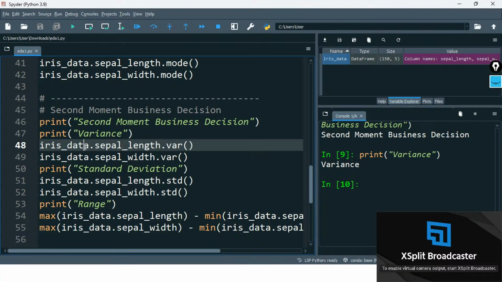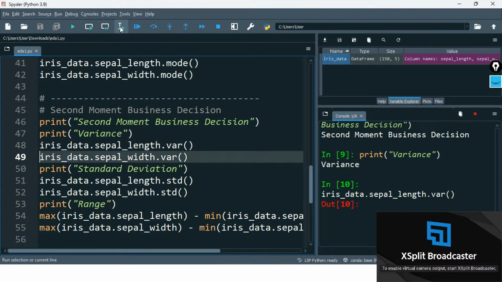The syntax is the same: data frame object dot column dot var. Since var is a function, you are supposed to keep parentheses. When I execute line number 48, it will return the variance of the sepal length column. So let us see what the output will be.